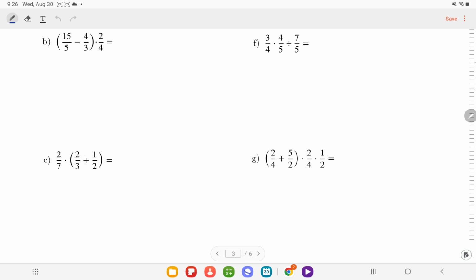When dealing with fractions, always check if you can reduce the fractions. We have 15/5. They're both divisible by 5. We can change it to 3/1. Now it will be simpler to find the common denominator.